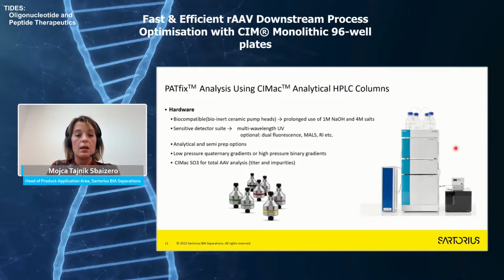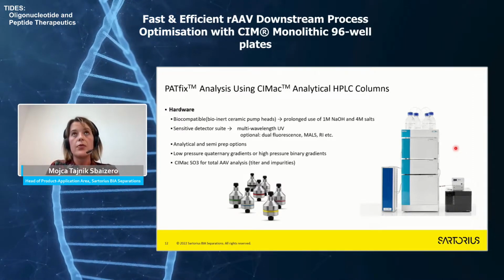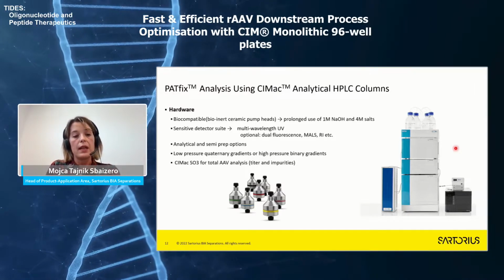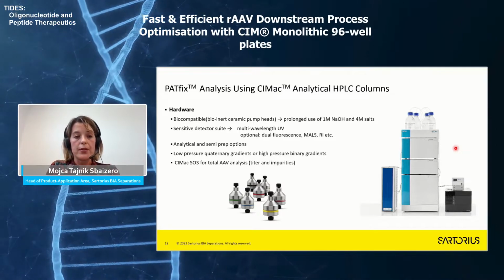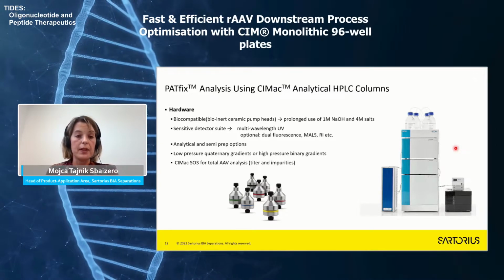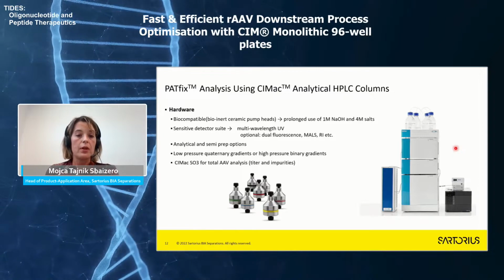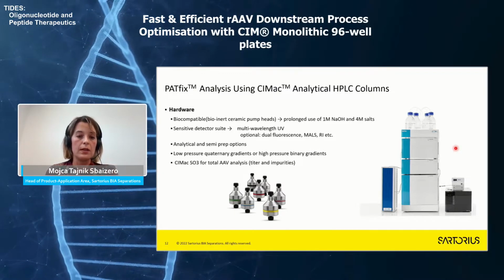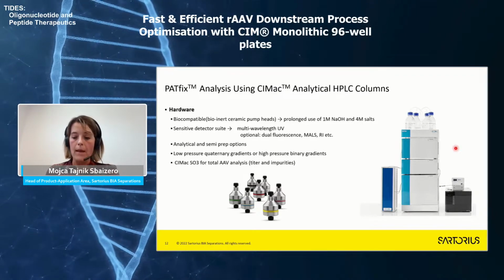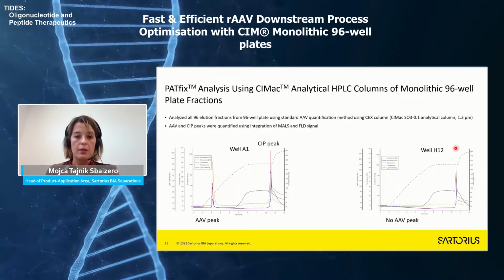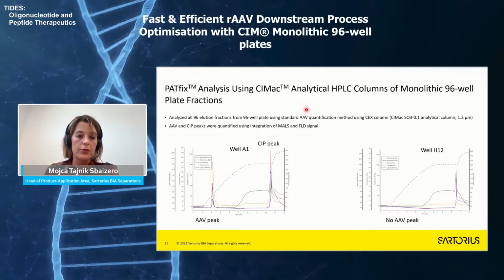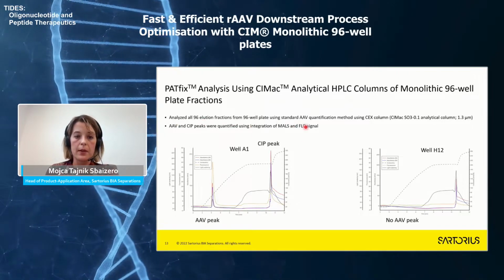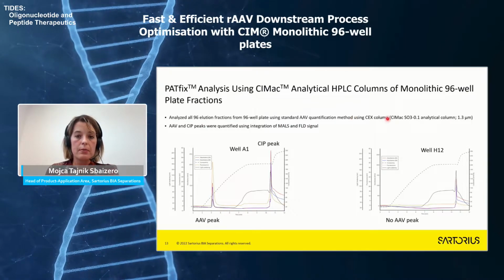This method is very good because at the same time it measures the AV titer and also the impurities. We had triple detection: a fluorescence reader, UV, and a light scattering, so-called MALS, detector.